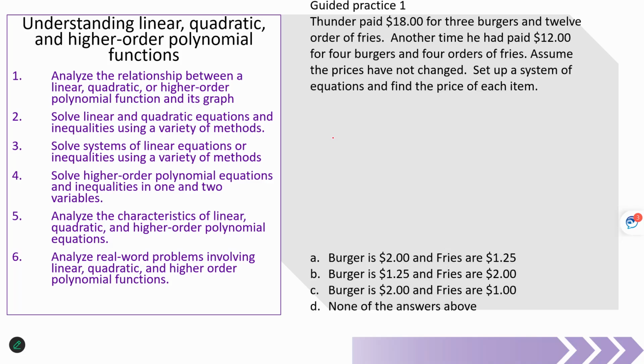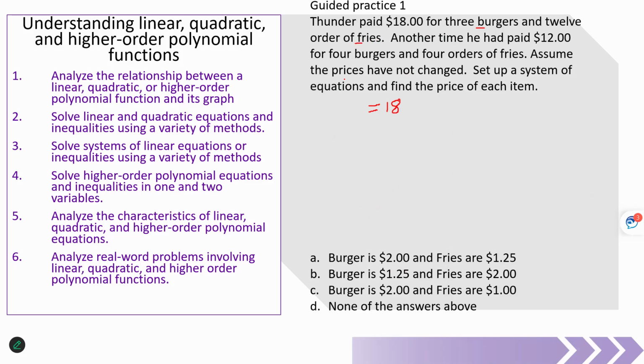So it's saying Thunder paid $18. So let's start with the first process and try to set up an equation here. So we're paying $18. There's my pen. Okay. So that sounds like a total, so I'm going to put it at the end. And for 3 burgers and 12 fries.